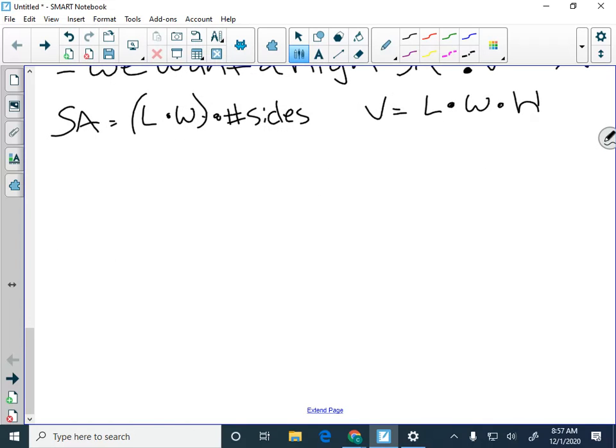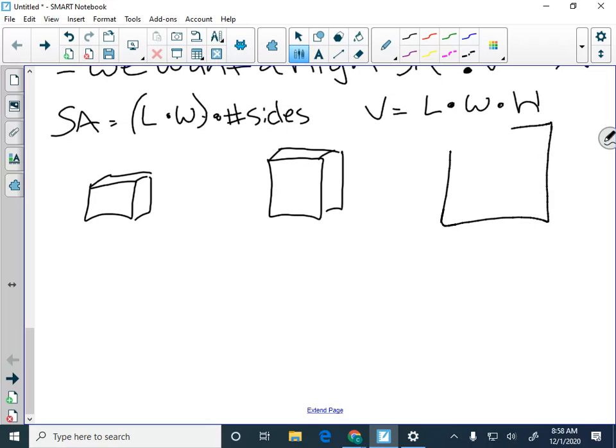So let's say we have three cubes. This cube has a width, length, and height of 1 centimeter. This one is 2 centimeters. And this is 3 centimeters. And all sides are the same.